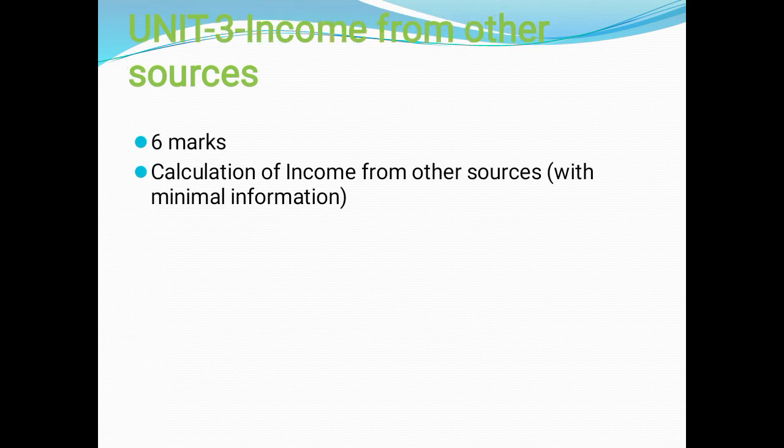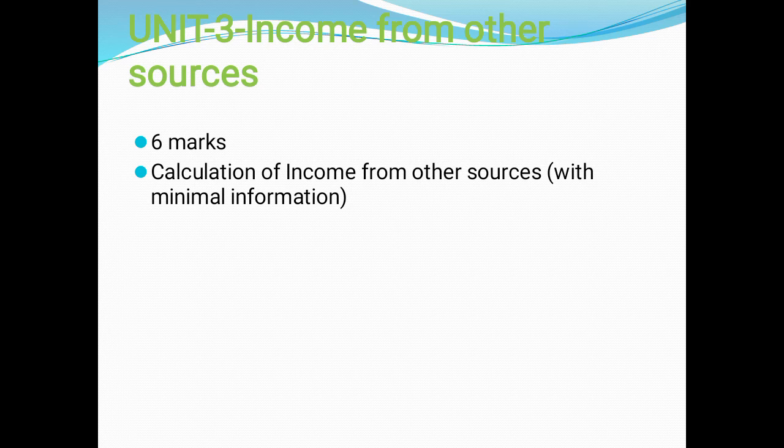Then for 6 marks, a calculation of income from other sources. They will give you questions such as calculate the income from other sources, such as winnings from lotteries, winnings from horse race. They may also ask about interest received, director fees received, family pension received, dividends received, or winnings from lottery, Sikkim state lottery, crossword puzzle, or a gift received from a friend in London.